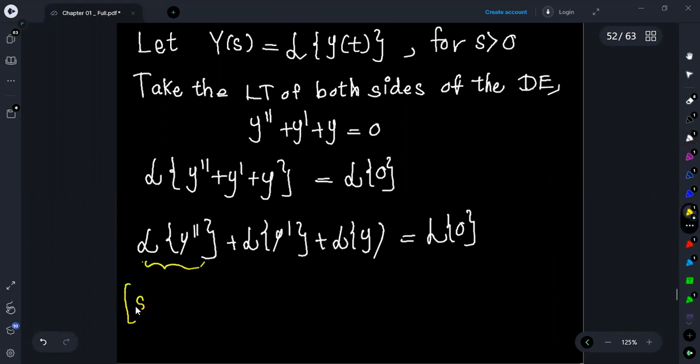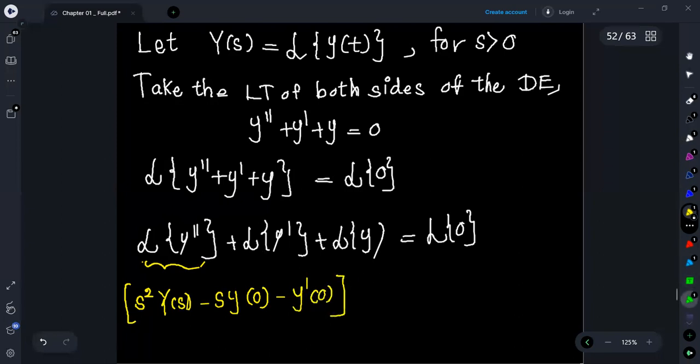We know that the Laplace transform of the second derivative is s squared F of s. Since here we are using capital Y, we write it as s squared Y of s minus s y0 minus y dash 0. This is the first part.